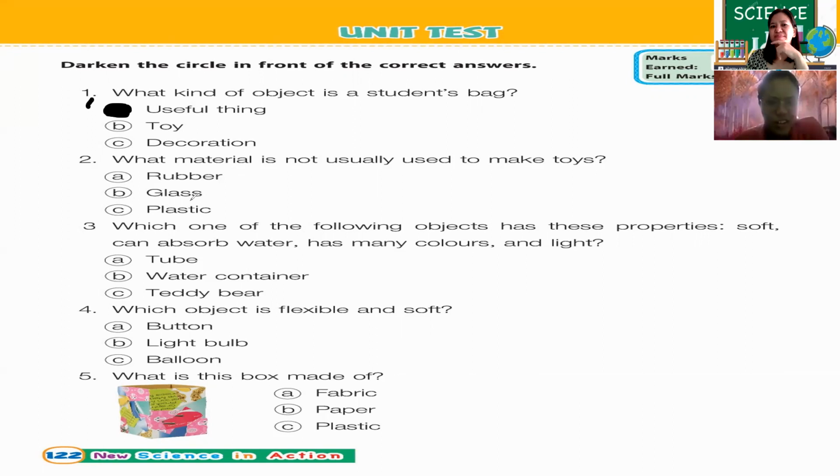It is not. We do not usually use glass as a toy. So which one is the answer? Is it rubber, glass, or plastic? Remember, the question is: not usually used to make toys. Correct, it is glass. It is dangerous to play with glass. What if you break it? So that is how you will answer.